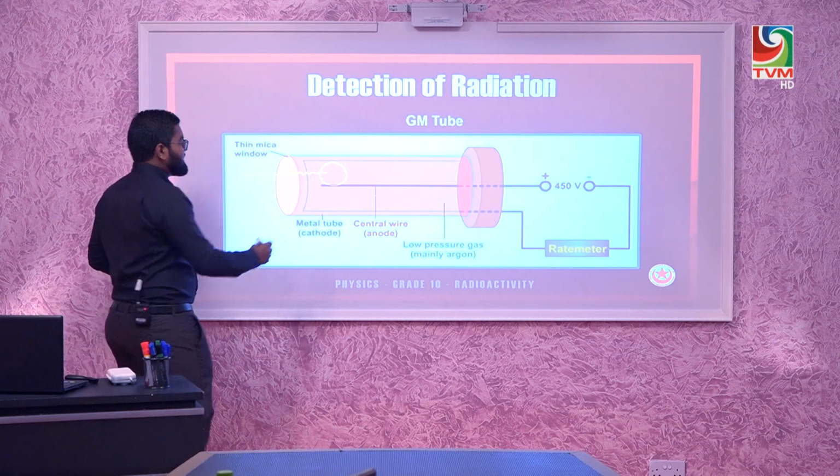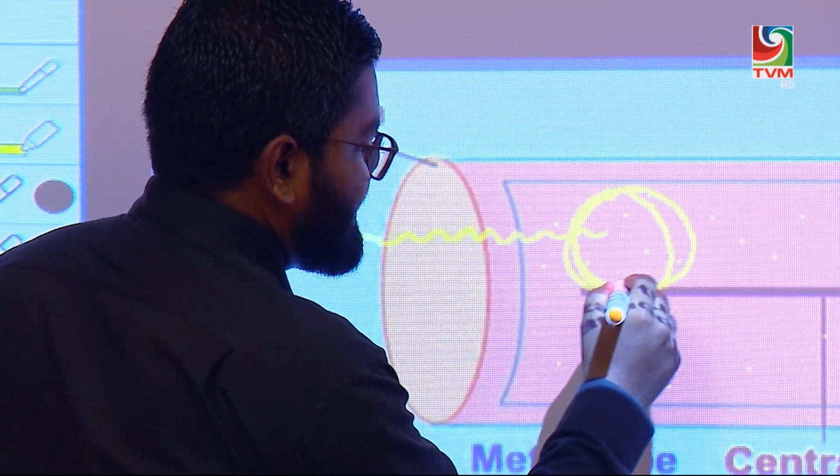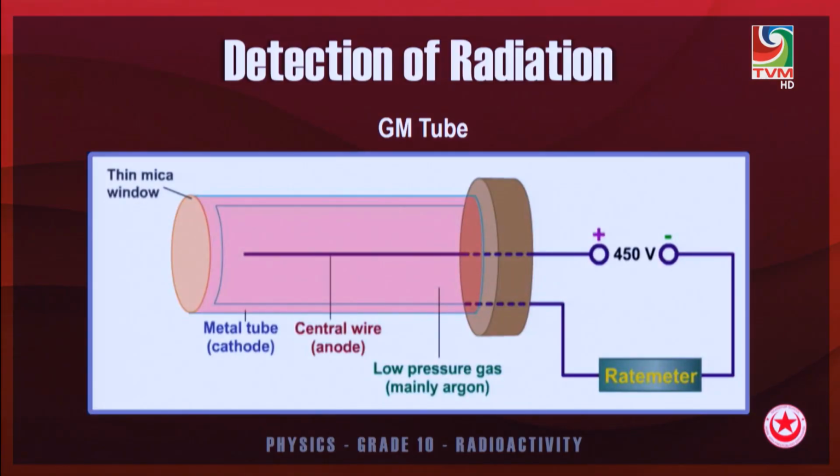Similarly, the ionization between these two regions creates a current flow between the anode and the cathode. The whole circuit is incomplete, but due to the ionization inside the GM tube, the rate meter starts to give out a reading.